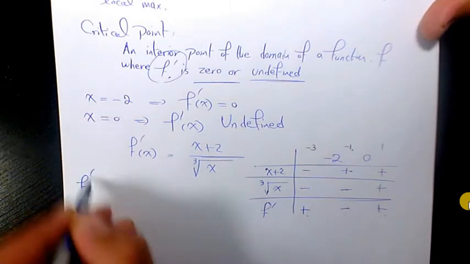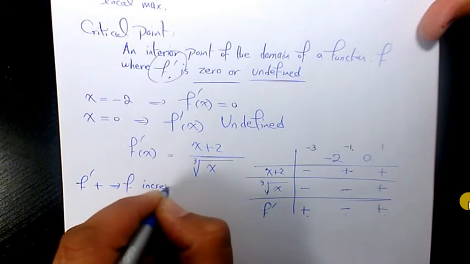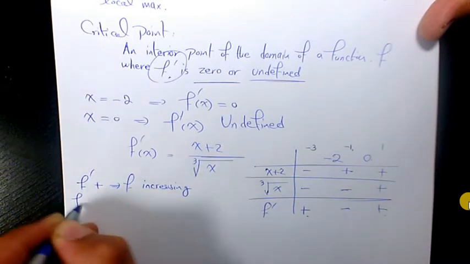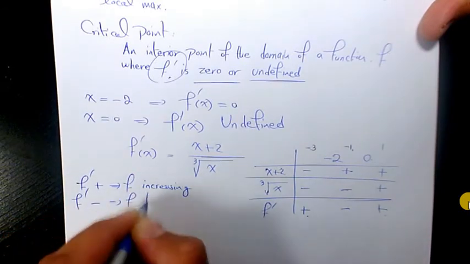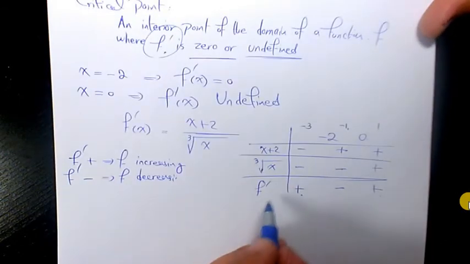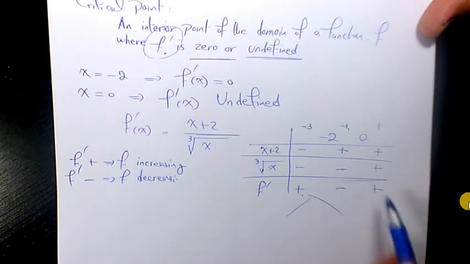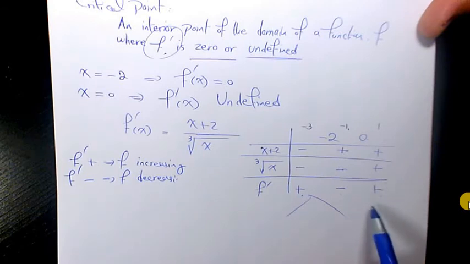Whenever f prime is positive, it means that f is increasing, and whenever f prime is negative, it means that f is decreasing. So here at this point it is increasing, this one decreasing, and then it's increasing.